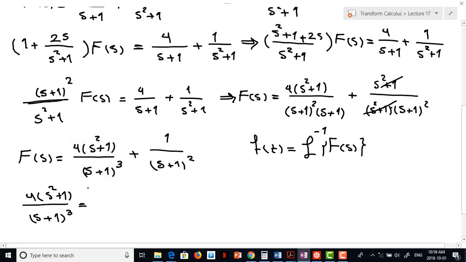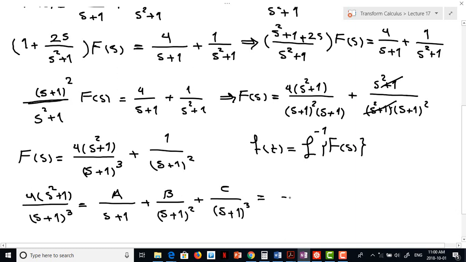So if you look at the partial fraction table, we have A over (s plus 1) plus B over (s plus 1) squared plus C over (s plus 1) cubed.